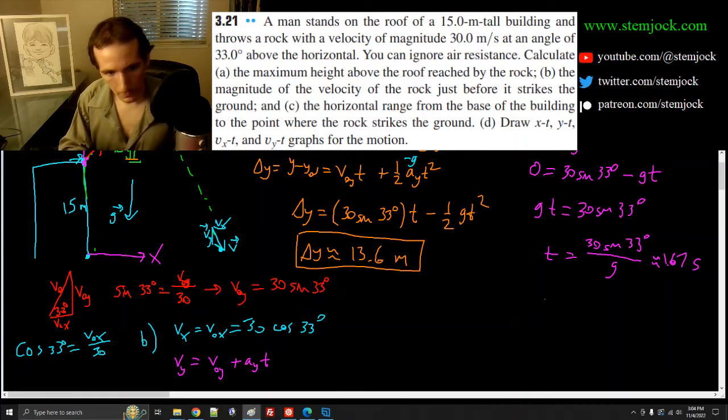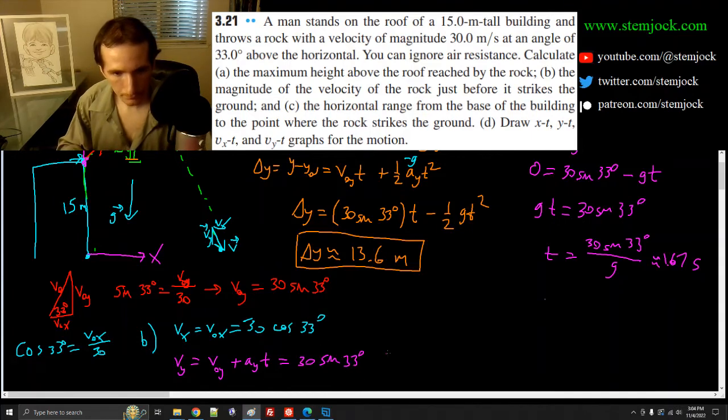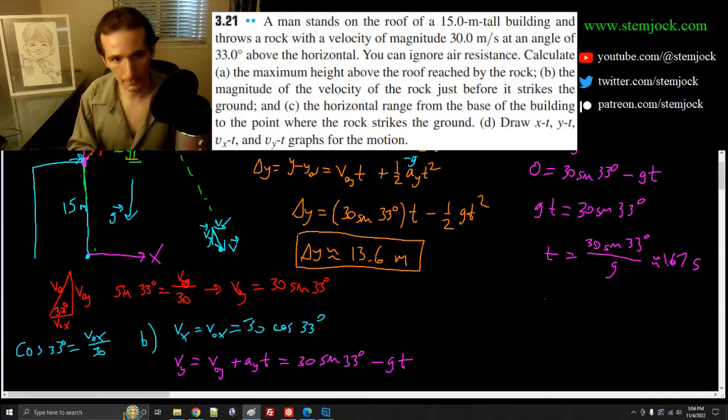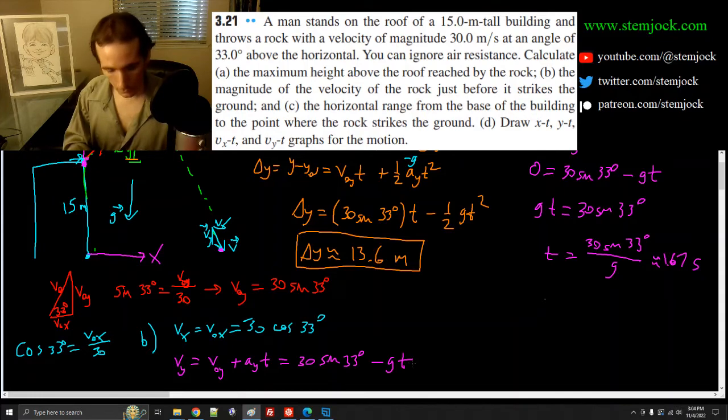V0y, that is going to be the 30 sine 33, right here. ay, that's going to be negative g. And t, t now is the time to go from the top of the roof to the floor right here. We don't know what t is. We need another equation. So I'm going to consider the vertical motion again.